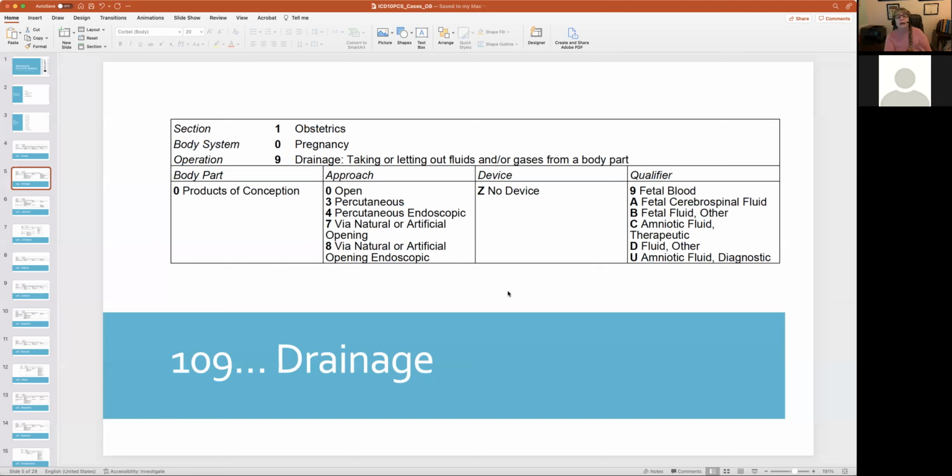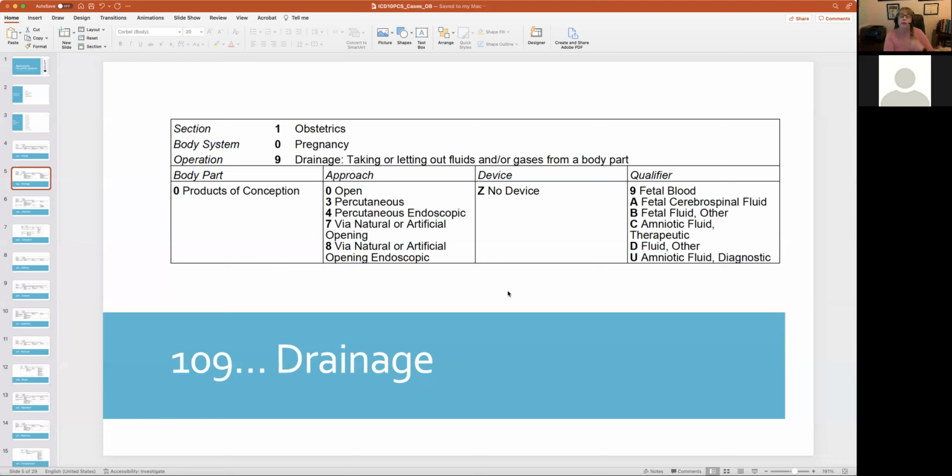That would be therapeutic, ending this code with the letter C, amniotic fluid therapeutic, as opposed to diagnostic. Remember, therapeutic means to make better, to heal, to fix, whereas diagnostic is, let's take a look at the genes, at the cells, what's going on in here.